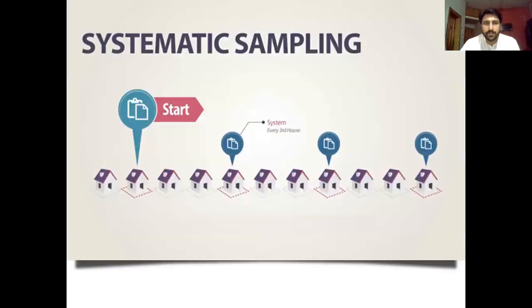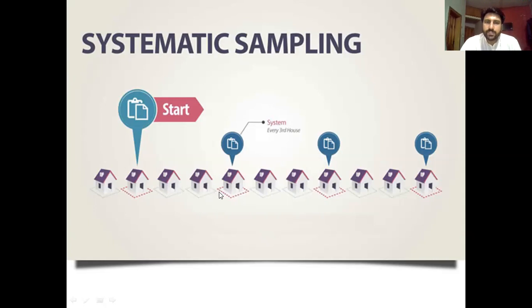hence it is not random sampling. For example, let's say this is your first interval, and you randomly select house number 2 from it. Our first sample is random, then intentionally you select, let's say, every third subsequent element.